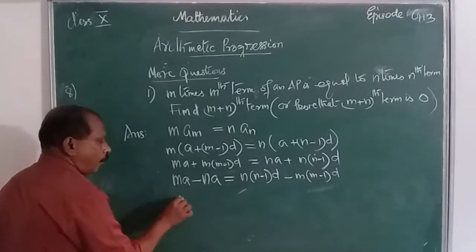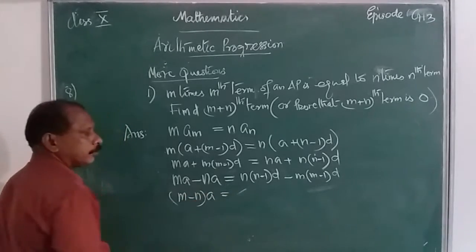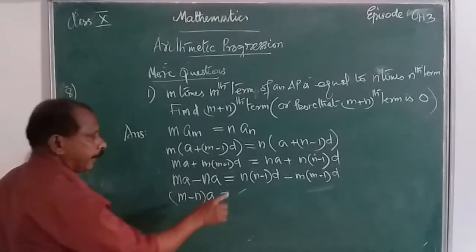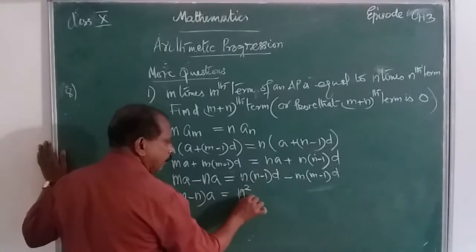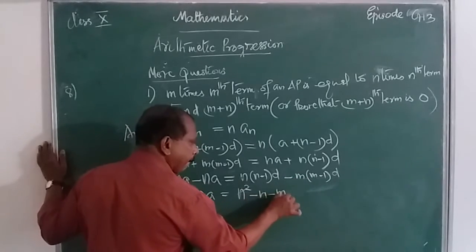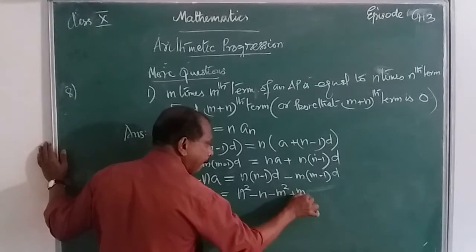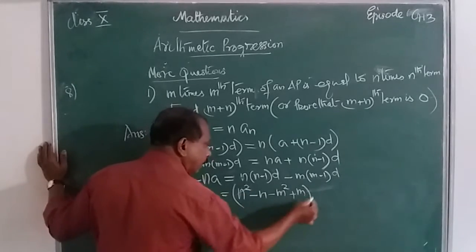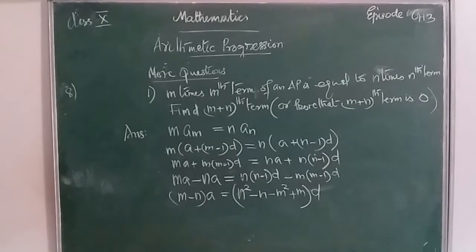Take a as common, that is (m minus n) into a. Open the brackets: n square minus n, minus m square, minus into minus plus m, into d. We take d as common and open the bracket also. Clear?